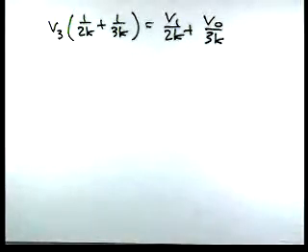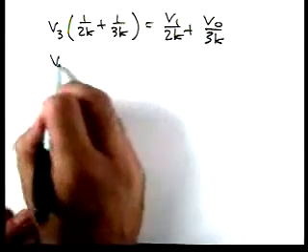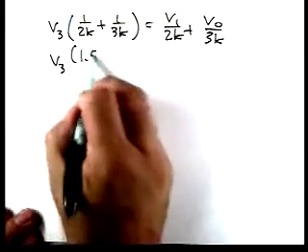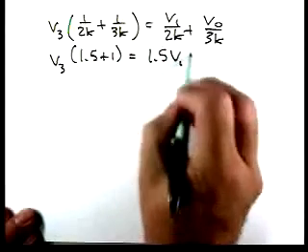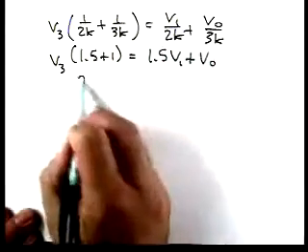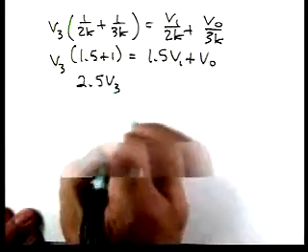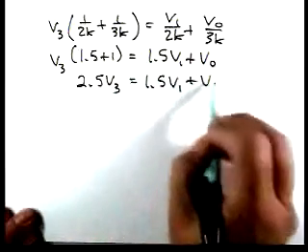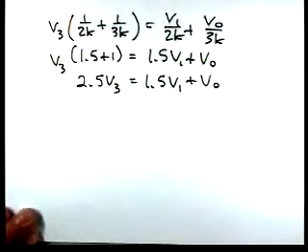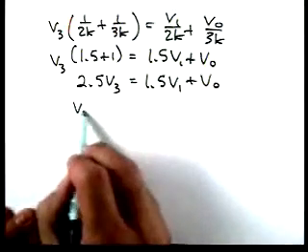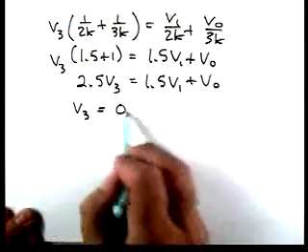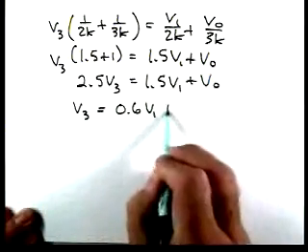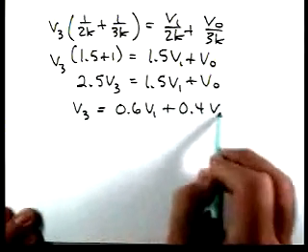And if we multiply through by 3K, we'll have V3 times 1.5 plus 1, 1.5 V1 plus V0. So we have 2.5 V3 equals 1.5 V1 plus V0. Now if we divide through by 2.5, we get V3 is 0.6 V1 plus 0.4 times V0.